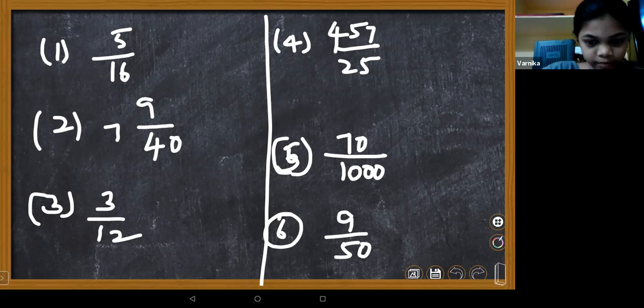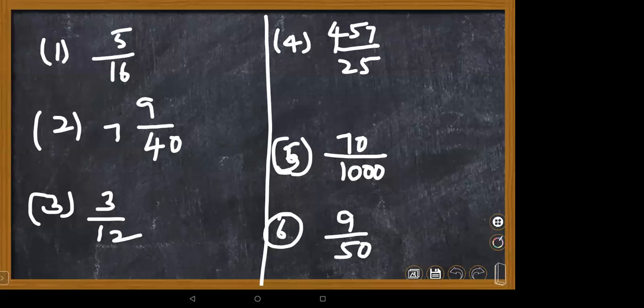Ashwath, how many questions? 5. Very, very good. And where is Drona? Ma'am, I was doing the third one. Okay, then two completed. Sudisha? Ma'am, actually, I didn't do the fourth bit and I completed the remaining.